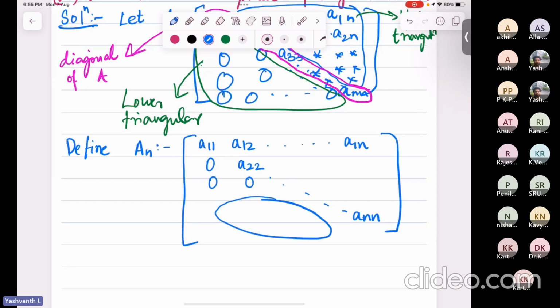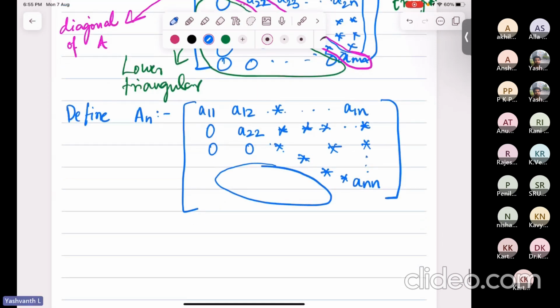All these are zeros, and these are some non-zero entries. Now, how do I find the determinant? Very carefully see, the last row contains only one non-zero element, namely a_nn. Others are all zero.